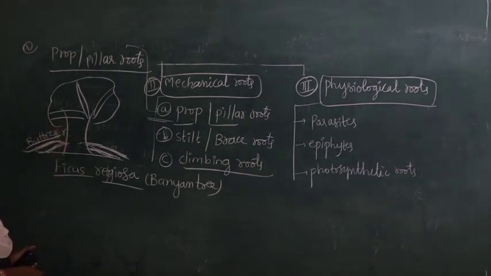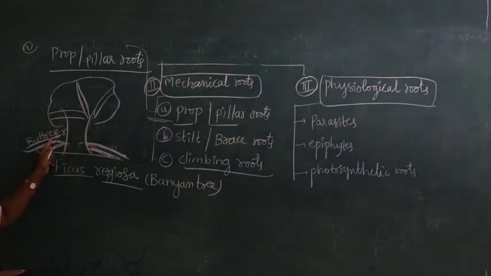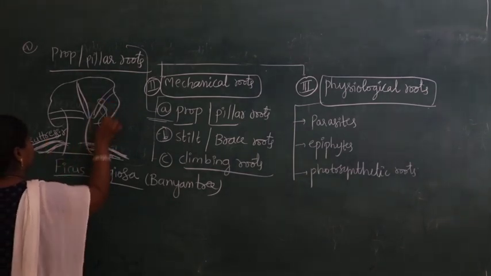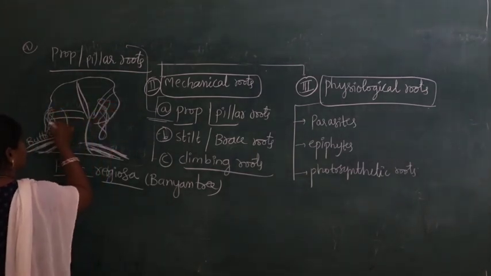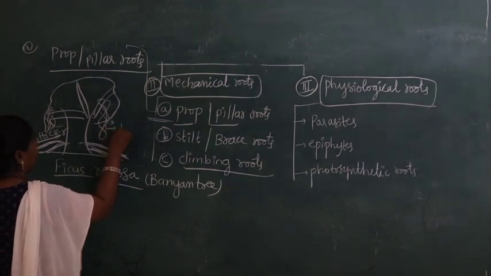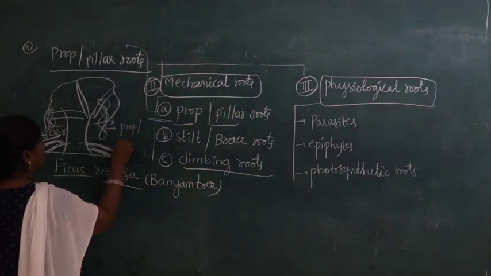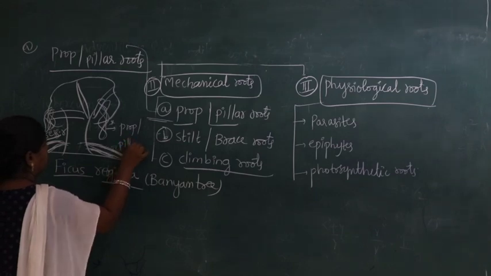Yes or no? So horizontal woody roots what we find here, they are called as what? Buttress roots. And from the branches of the tree we find free hanging roots, and these are called prop roots or pillar roots.